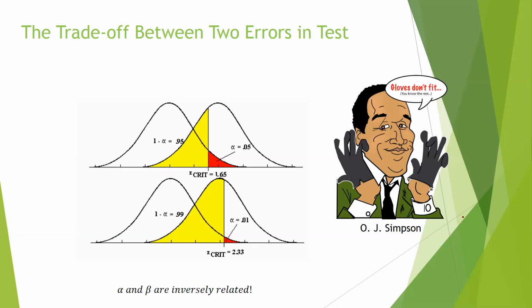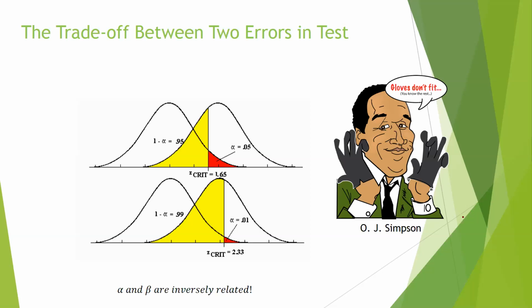However, maybe there are some situations that I haven't seen before, but I can imagine, where you use two different types of distribution to form your H null and H alternative. Okay. Is that clear?